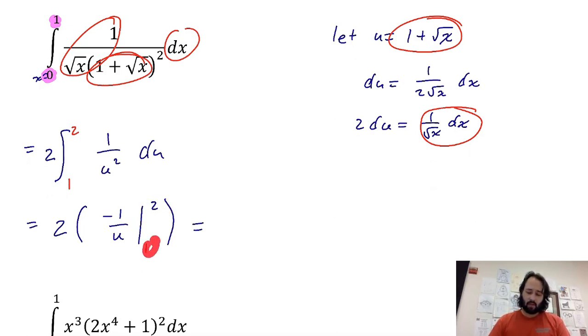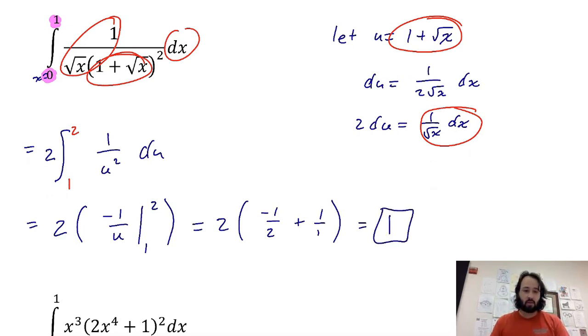You would have 0 and 1, just like your original integrand. But you could also just leave it in terms of u and do everything in terms of u. It's actually less work if you do that. So I'd have negative 1/2 minus, so plus 1 over 1. So this would be 2 times 1/2, which would all come out to be just 1.